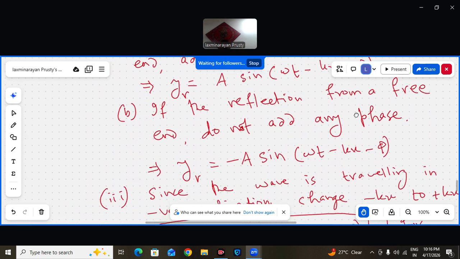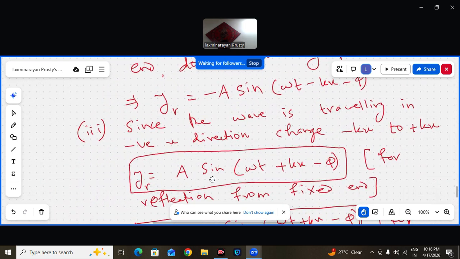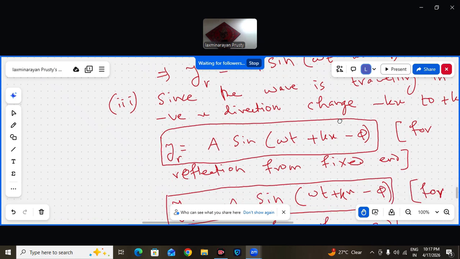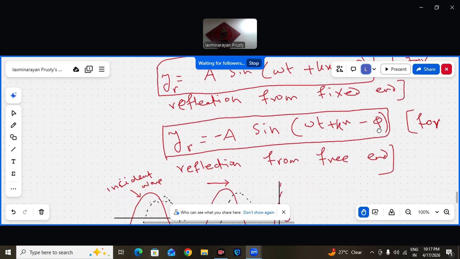So this will become A sine omega t plus kx minus phi. Why did minus become plus here? Because a phase change of pi was introduced because of the fixed support. But in the free end, that minus remains as it is: omega t minus kx becomes plus kx minus phi for the free end.